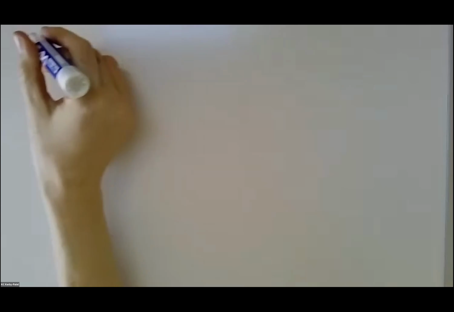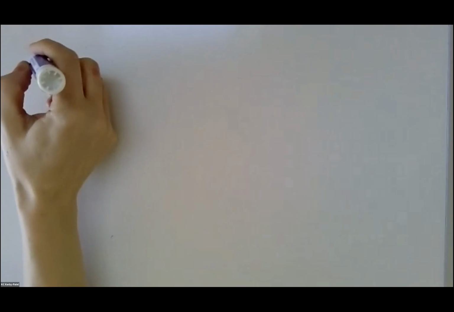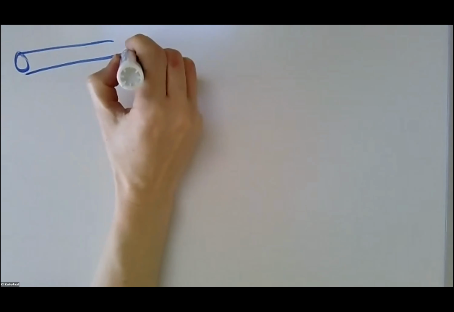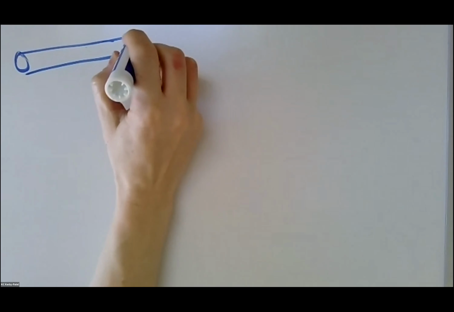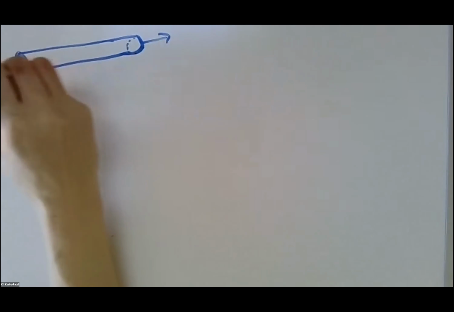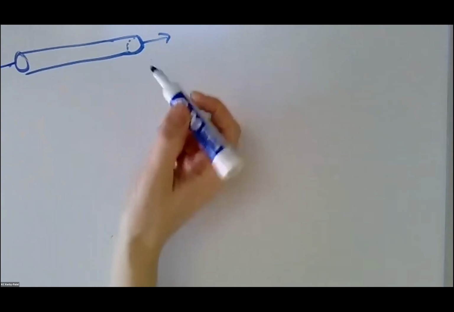So I'll start by drawing a diagram of the problem. My problem is, where did I say two parallel wires? Yes, I've got one wire that looks like that. And they're infinitely long wires, so they keep going on forever and ever.